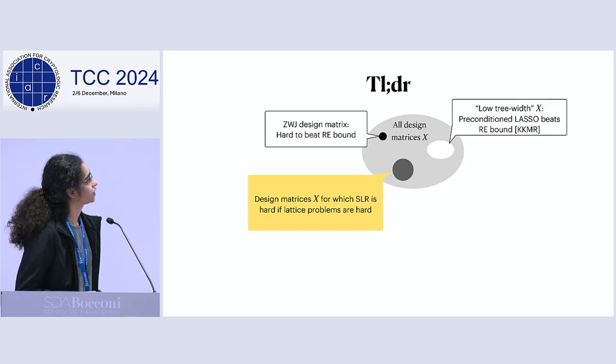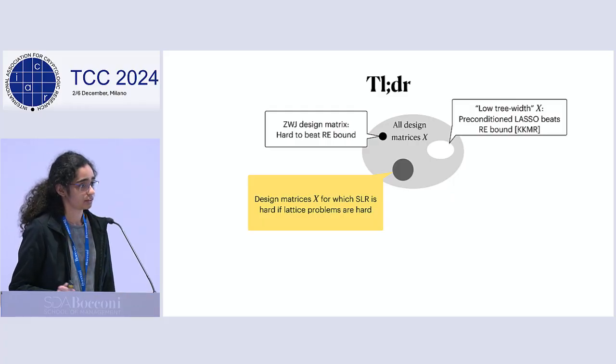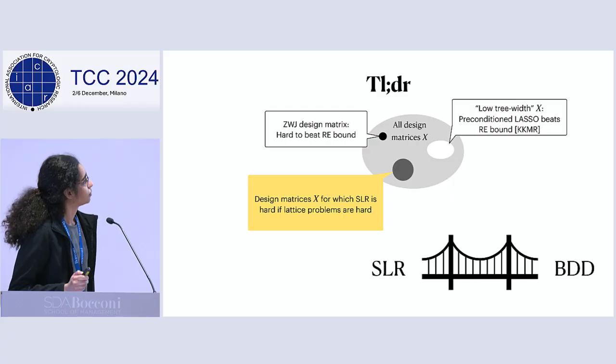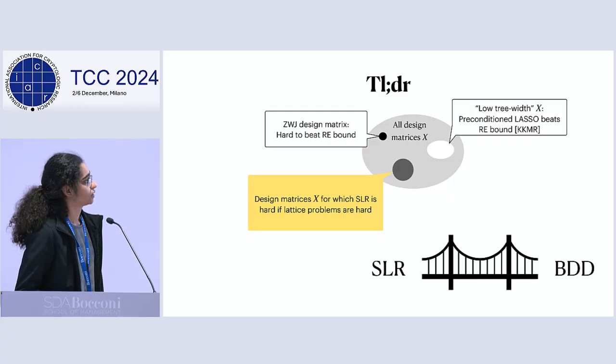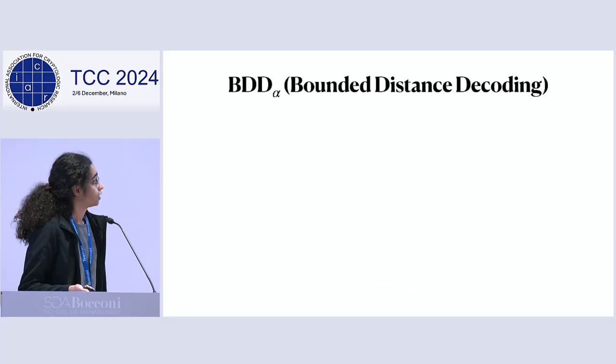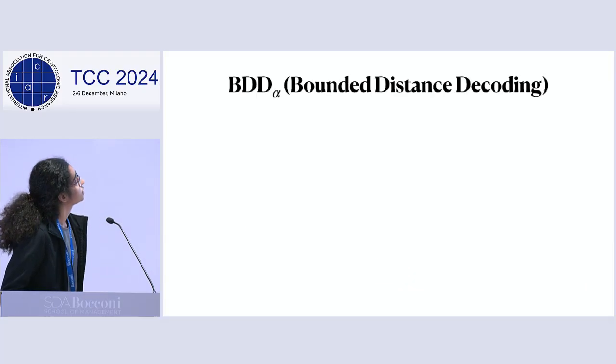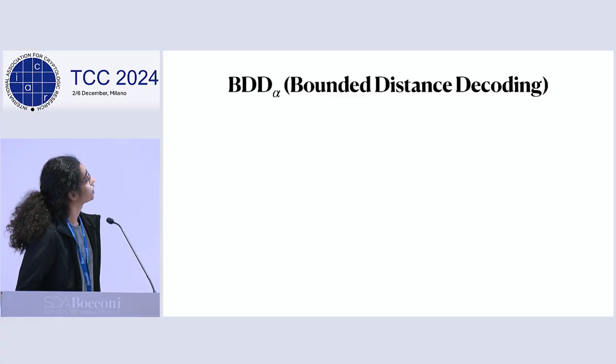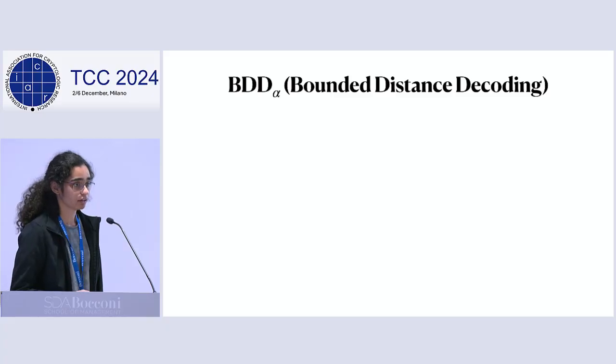We show that there are more design matrices for which SLR is hard if you believe that certain lattice problems are hard. And we do this by showing a connection between sparse linear regression and bounded distance decoding. So what is this problem? It's a lattice problem that's parameterized by alpha, a real number.